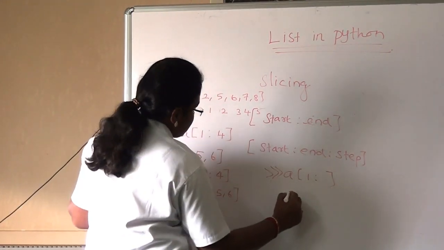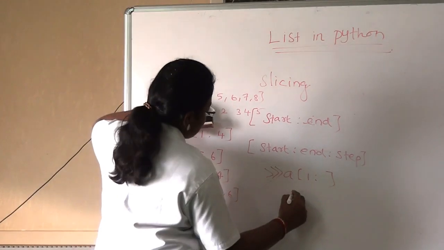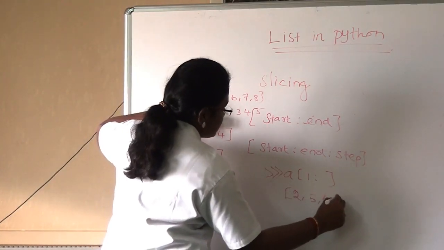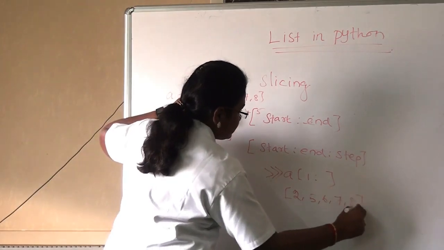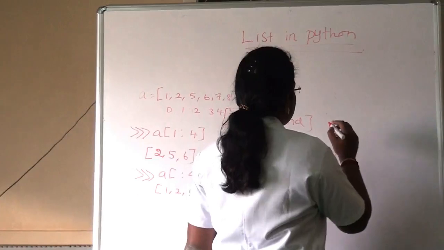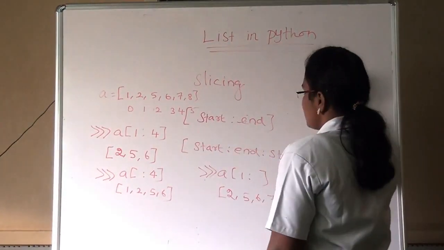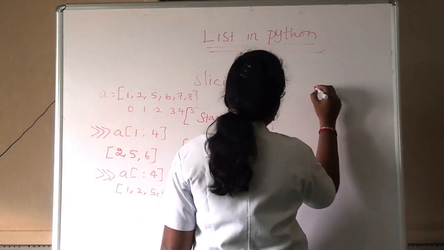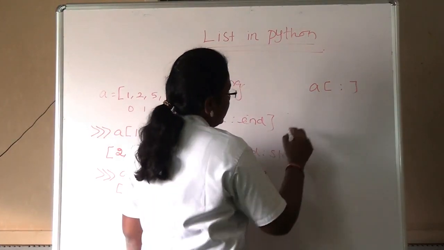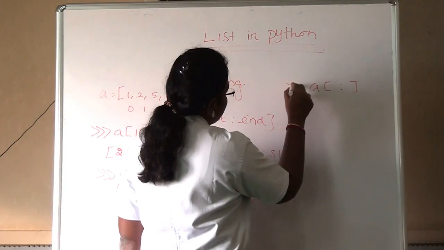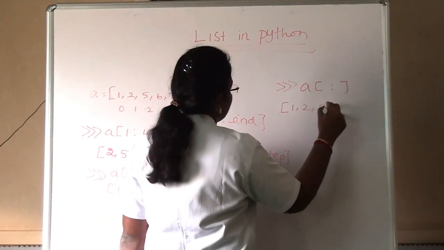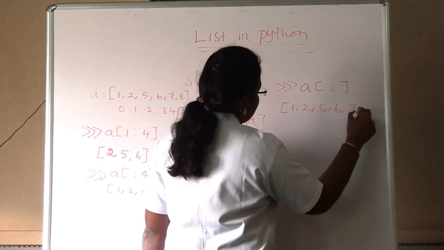So the answer is, from index 1, 2, 5, 6, 7 and 8. Next, I can exclude both the starting index and ending index, A of colon. It will print all the elements in my list like 1, 2, 5, 6, 7, 8.